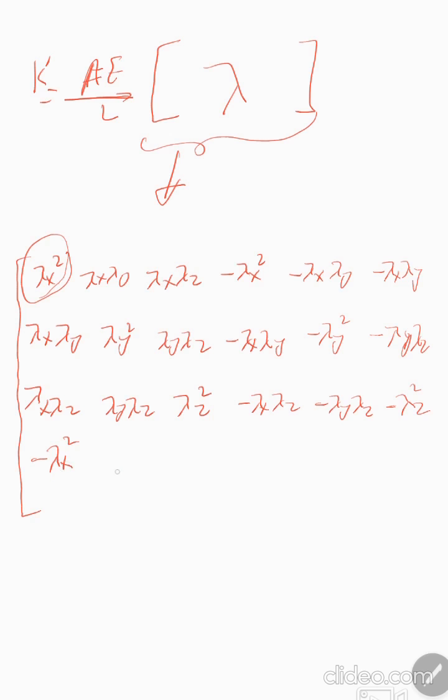The next cell is minus lambda x lambda y, then minus lambda x lambda z. And here lambda x square is positive, not negative.